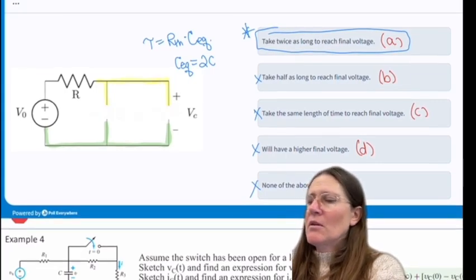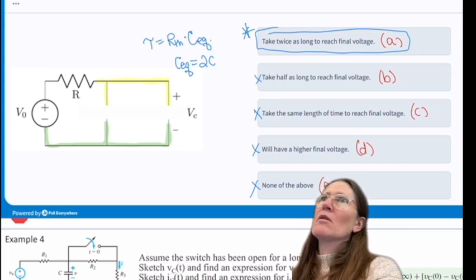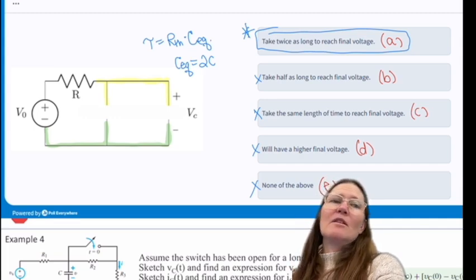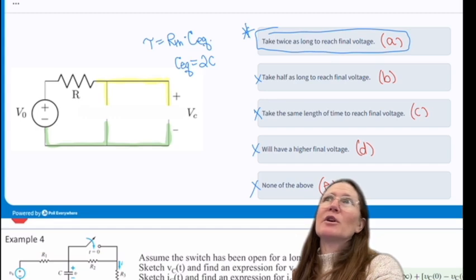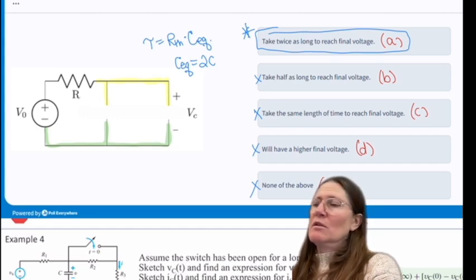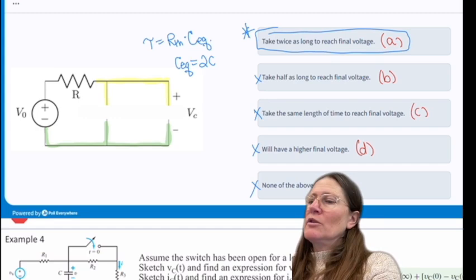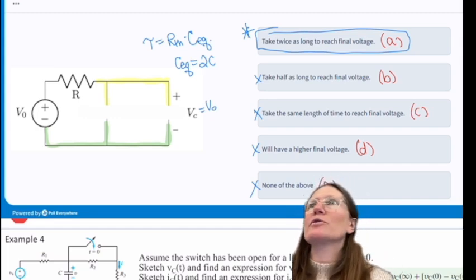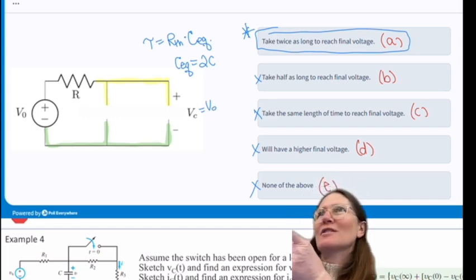But what's actually in the capacitor is different. So they each are storing V0 on them. So this output, VC, will be V0, whatever that voltage is. Does that answer your question?